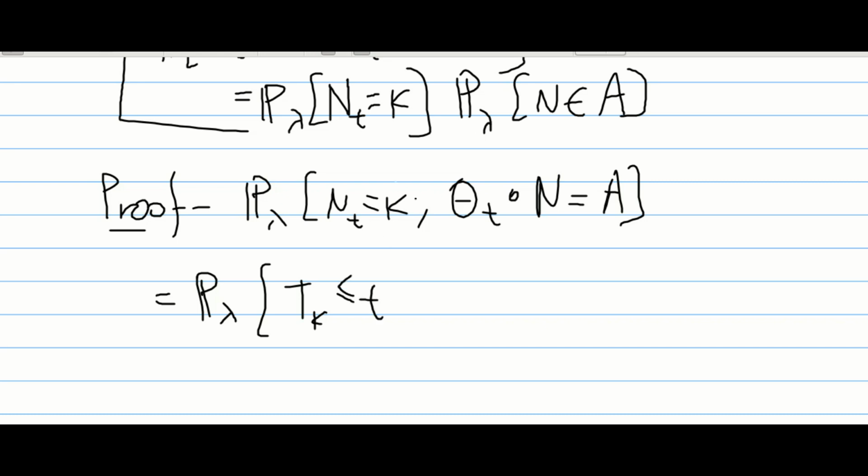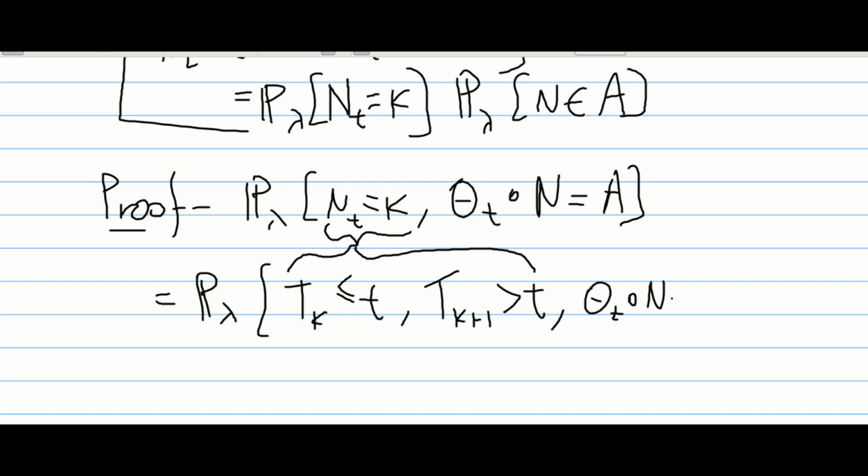Otherwise, we cannot have k arrivals at time t. Moreover, the next arrival, T_{k+1}, has to arrive after t. Otherwise, the count would be larger than k. So now we just replace this event by its equivalent definition, which is the intersection of these two. And we keep the theta_t of N saying that something happens after time t.